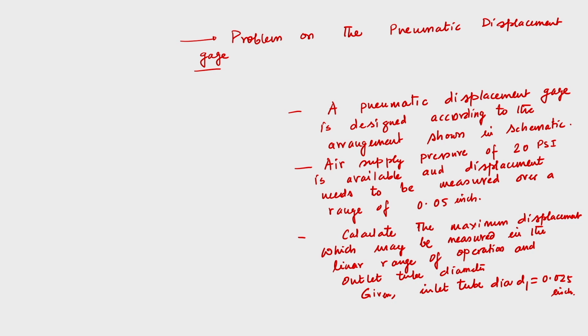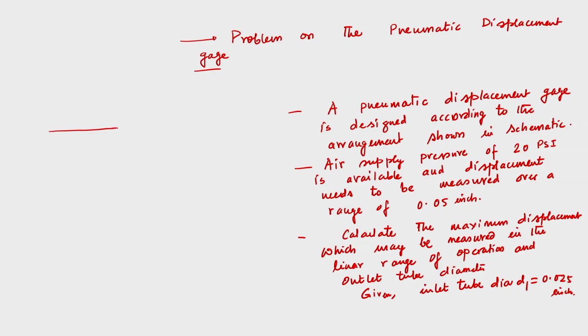First is the maximum displacement which may be measured in the linear range of operation, and second is the outlet diameter of the gauge. Also, the gauge inlet tube diameter is 0.025 inch. Now, again we have to redraw the schematic.